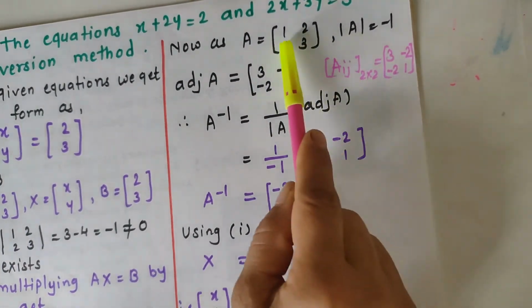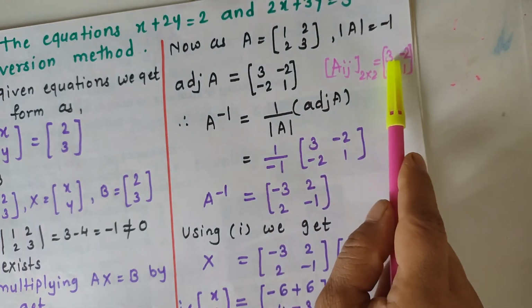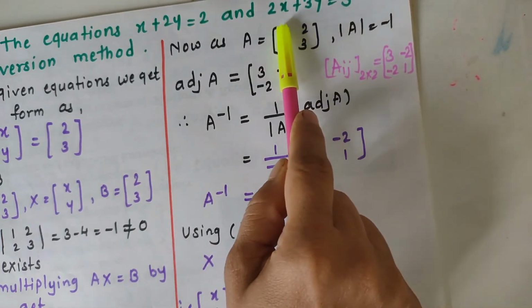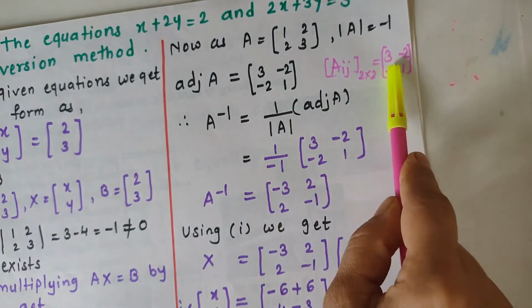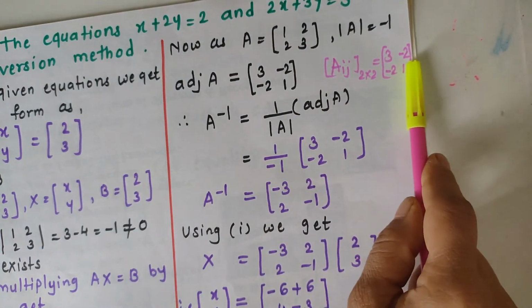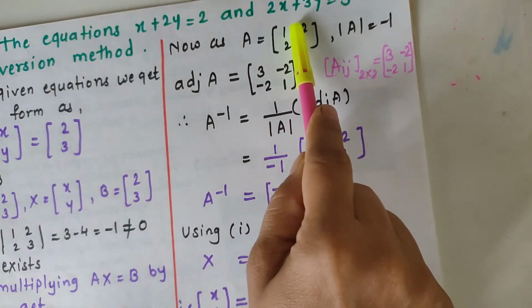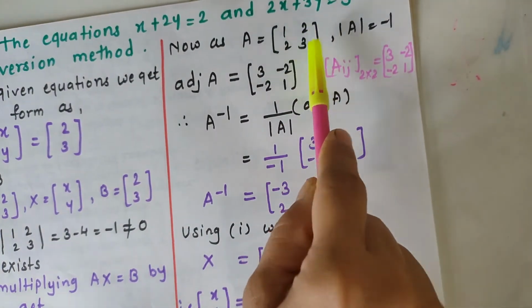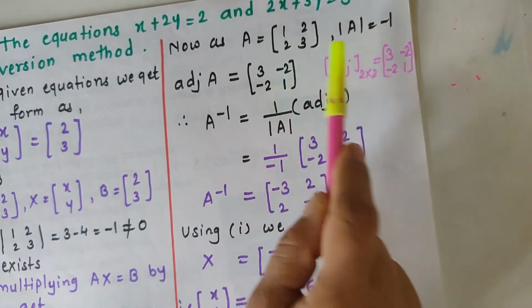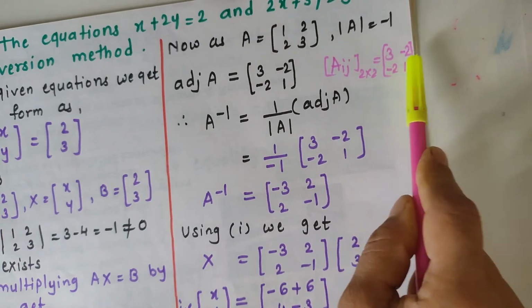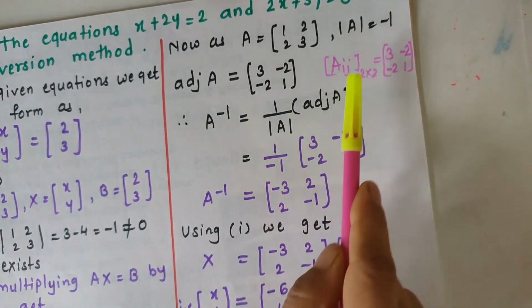Then the first element in the cofactor matrix, by eliminating the first row and first column, is 3. The second element in the cofactor matrix, by eliminating the first row and second column, the remaining element is 2, and with opposite sign, -2.